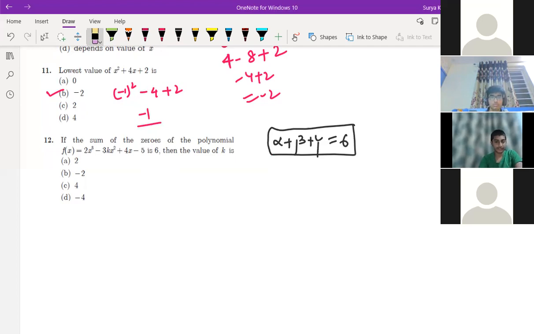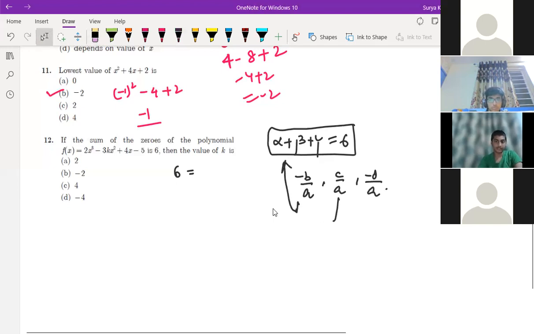So here 6 is equal to C by A, right? Then minus B by A, then C by A and minus D by A. Did you remember this? Yes. So no, here it is coming minus B by A, not C by A. If you see, alpha plus beta plus gamma is for this one.